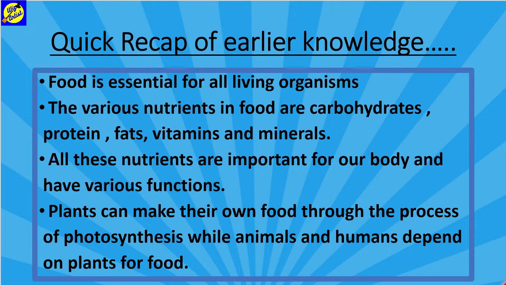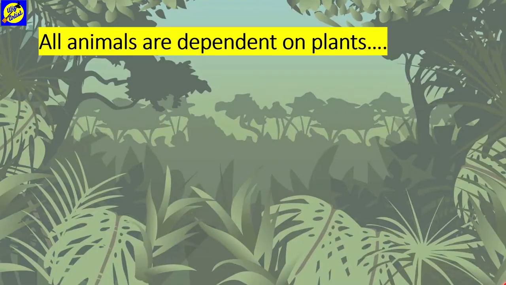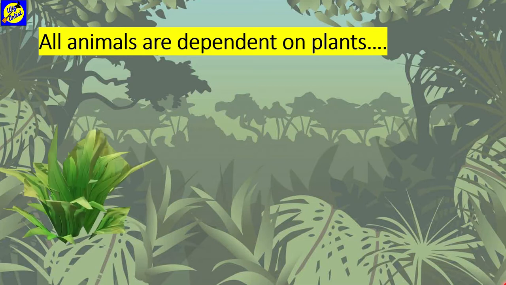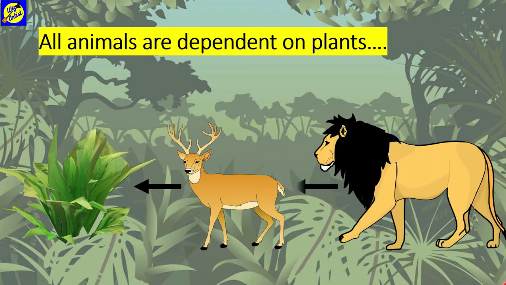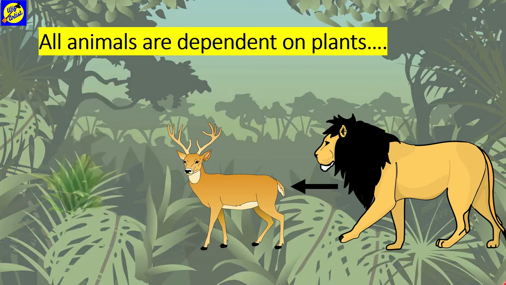But now you might be wondering how carnivores are dependent on plants because they don't eat plants. Here is an example of a food chain that will help you understand how all animals, even carnivores, are dependent on plants. Here grass is consumed by deer, which is a herbivore, and deer is consumed by lion, which is a carnivore. Here the grass is the plant. If this grass goes extinct, deer will not get anything to eat, would it?